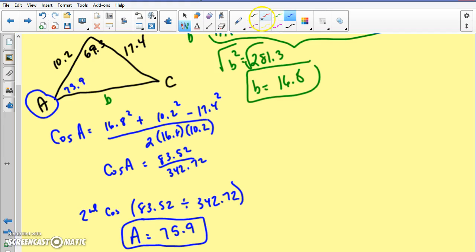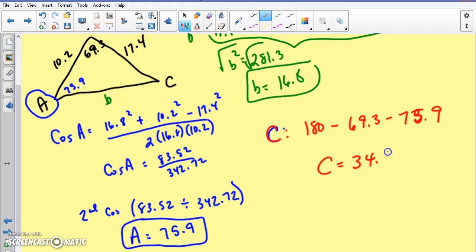So now I have two angles of a triangle, so to find that third remaining angle, we can subtract the two angles from 180. It gives us angle C to be 34.8 degrees. Okay.